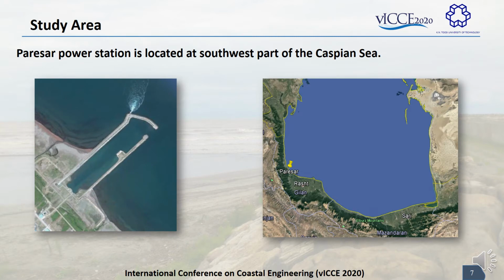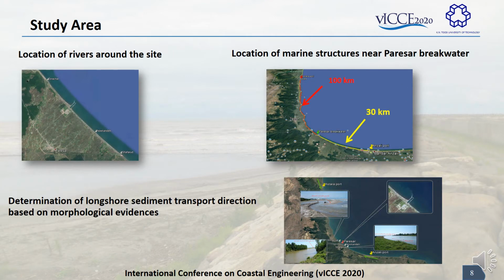Paresar power station is located in the southwest part of the Caspian Sea, as you see in the picture. Morphological evidence based on sediment transport direction of three rivers near the basin and Astara port upstream of Paresar shows that LST direction near Paresar is from northwest to southwest.